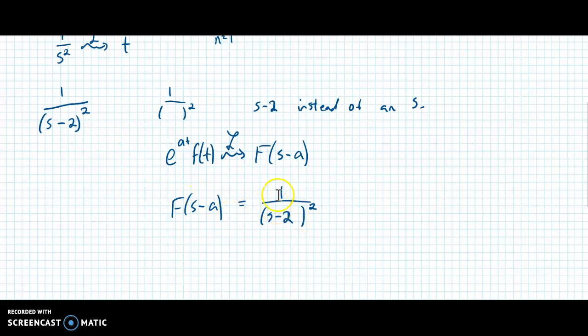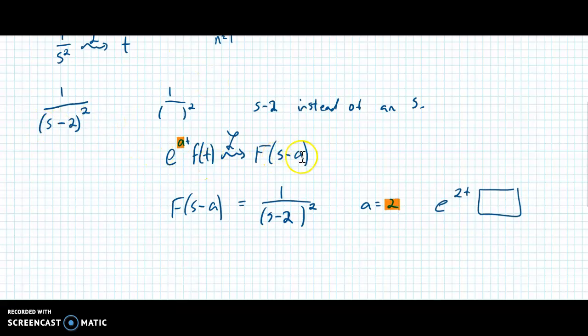So what I want you to see is that this a value here is 2. So a is equal to 2. That is, this a right here is 2. So what that tells me is if I'm trying to inverse Laplace it, that this thing is going to have an e to the 2t times something, right?